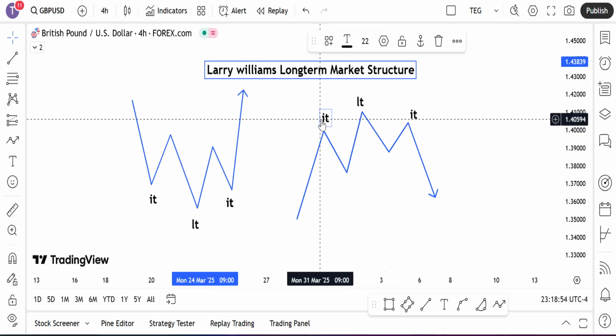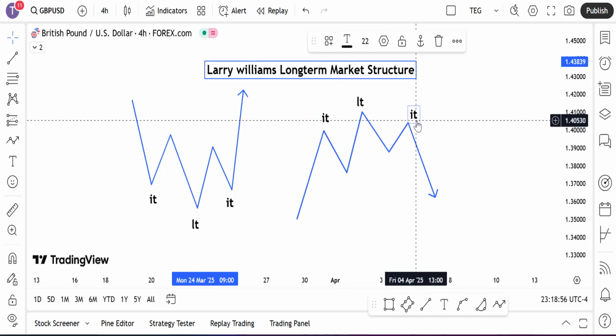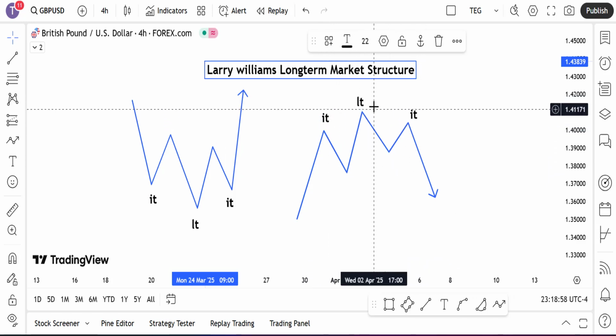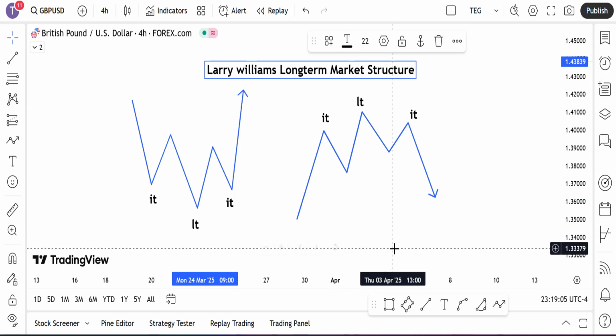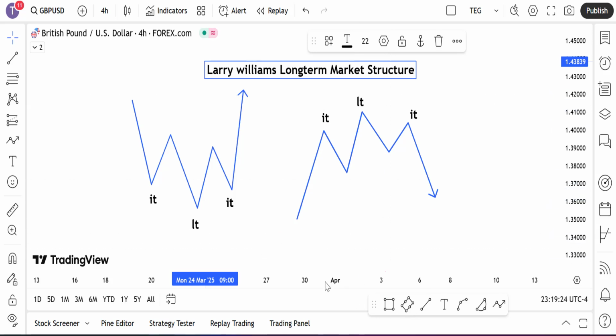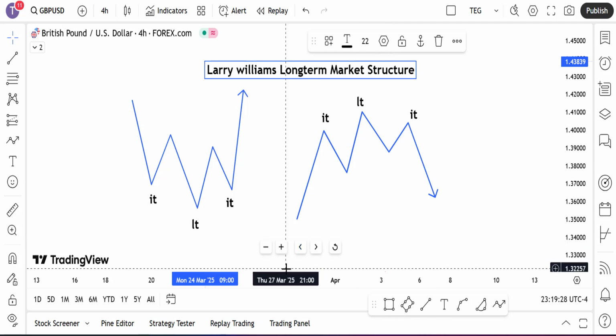So in this approach, we have two intermediate swings on the left and the right to give us our long-term swing high.